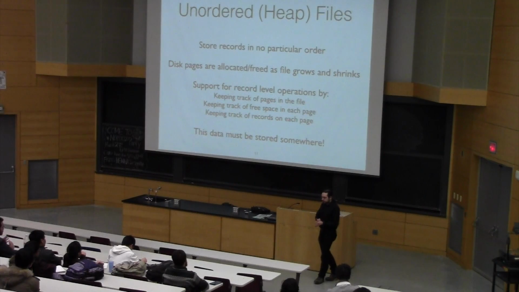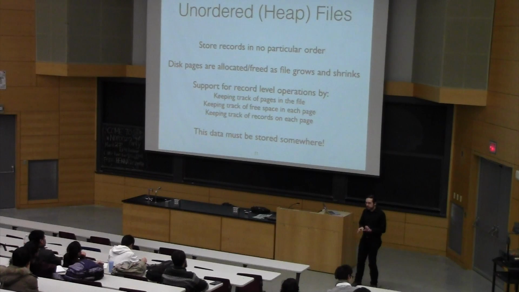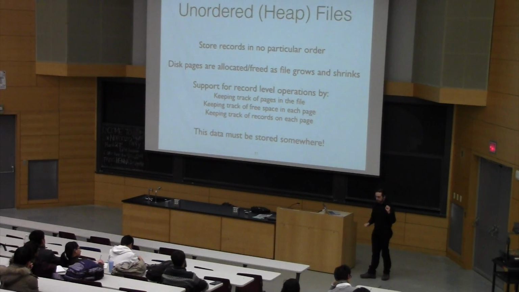In other words, we get the same kind of problem with holes that we get between records when trying to store records on a page; we could get similar problems when we try and store pages in a file. So even though a heap file might be this big sequence of pages laid out on disk, some of those pages are going to be empty, and we want to be able to avoid having to load those pages into memory if we can.